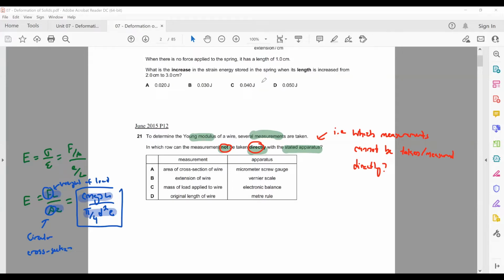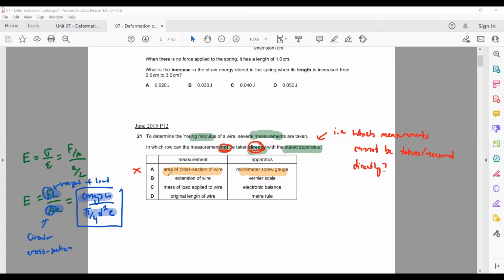Okay, so let's go through it one by one. If they say you want to measure the cross-sectional area of the wire, can you measure it directly using a micrometer screw gauge? This one, area, cannot be measured directly. Okay, the keyword here is what measurements cannot be measured directly with the apparatus.